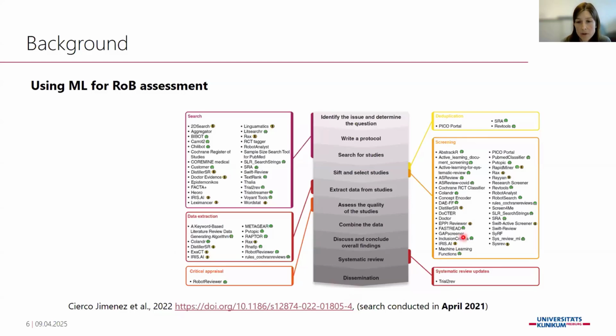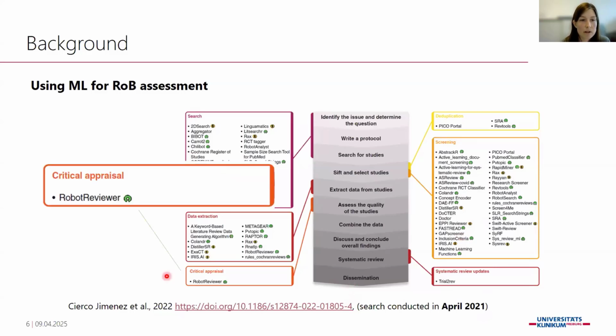And as you can see here, already in 2021, there were quite a lot of machine learning tools available, for example, for searching or screening. But what is interesting is that there was only one tool to support the critical appraisal of studies, so the risk of bias assessment, which is the RobotReviewer. And interestingly, as far as I know, there's also today not really another machine learning approach to support risk of bias assessment than the RobotReviewer.